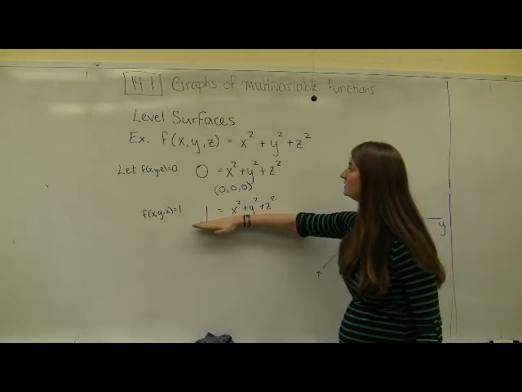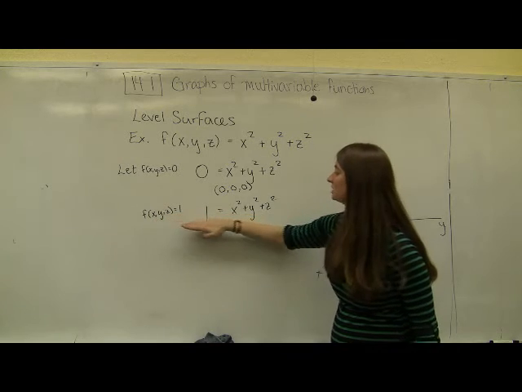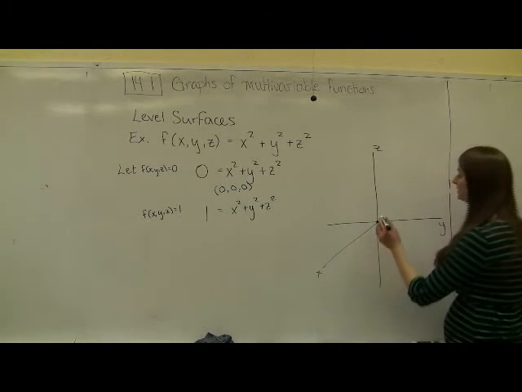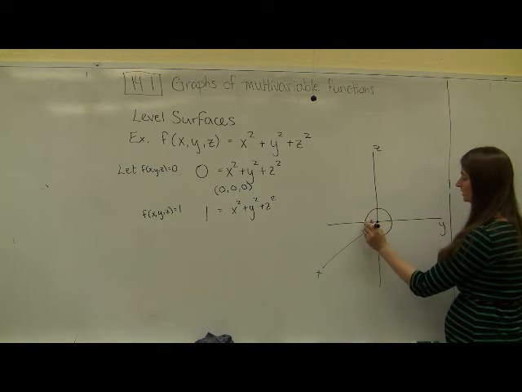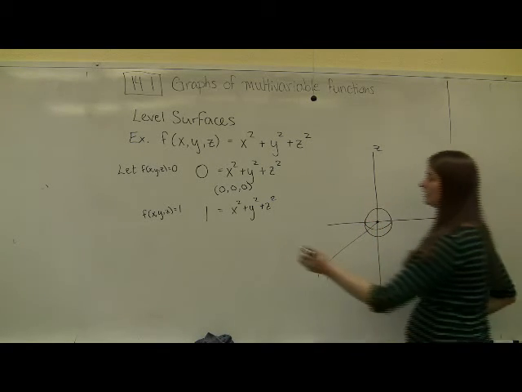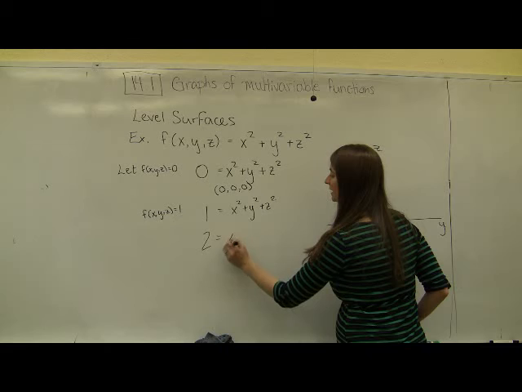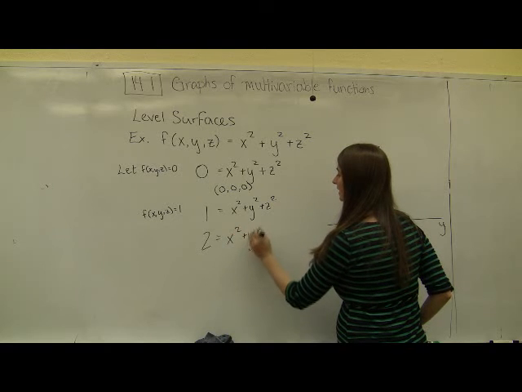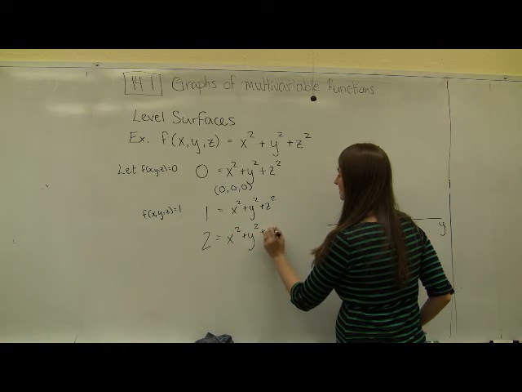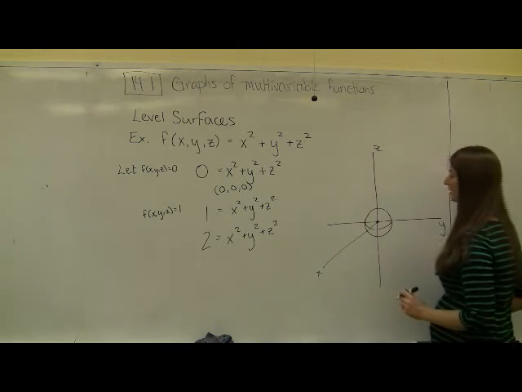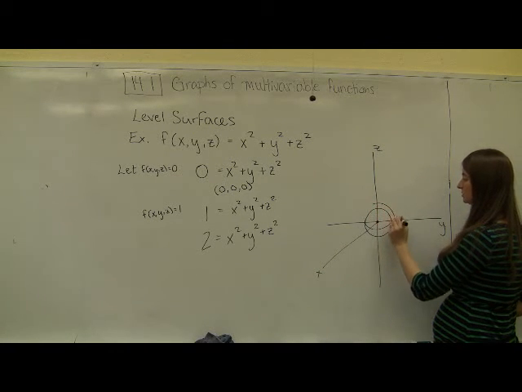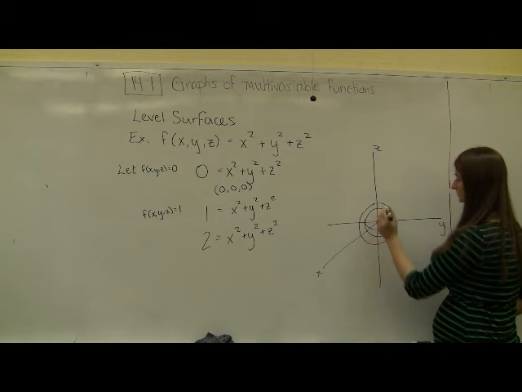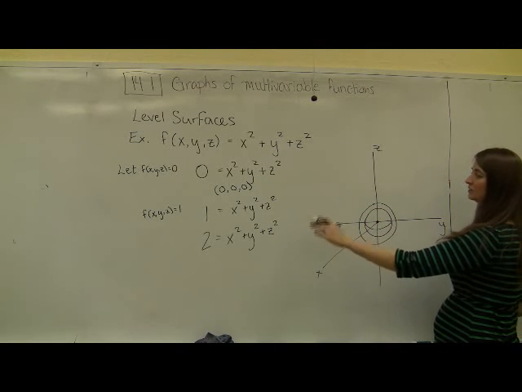And for this particular level surface, when I set my function exactly equal to 1, I get a level surface that's a sphere of radius 1. And my next level surface, you can see where this pattern is going, 2 will be set equal to x squared plus y squared plus z squared, which gives me a different level surface of radius square root 2. And then so on and so forth.